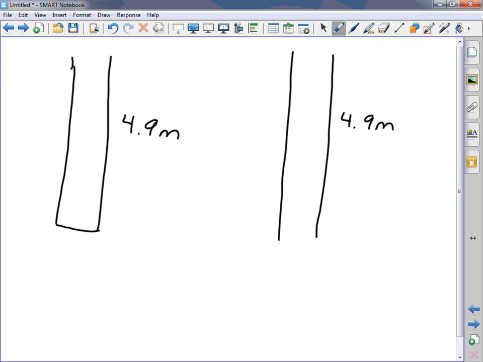And I want you to find for me the fundamental frequency that those pipes would play. The only difference between them, one is closed, one is open.